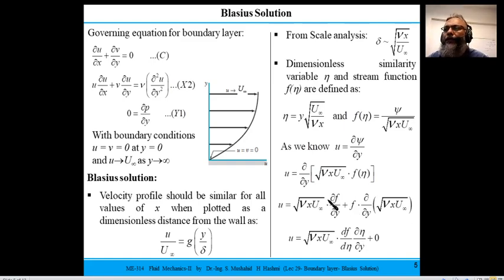Here what I have done is write f with respect to y by applying the chain rule. Because eta and eta cancel out, it would be the same thing as partial f by partial y. So at this point we have used the so-called chain rule here.